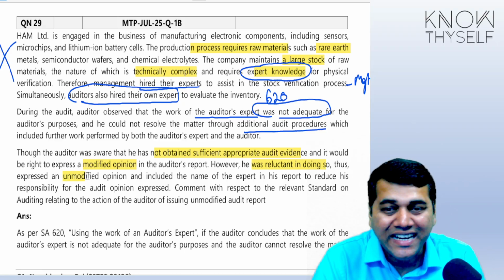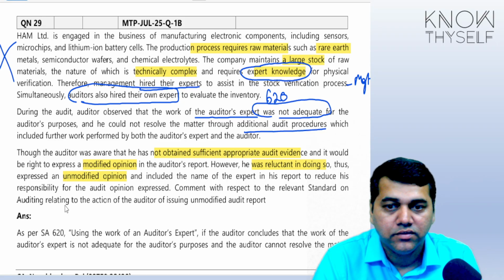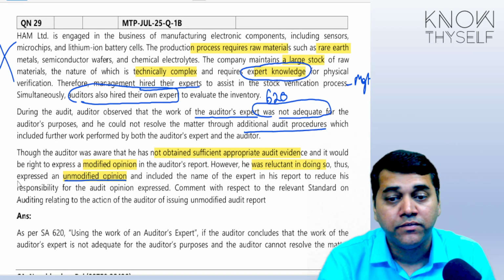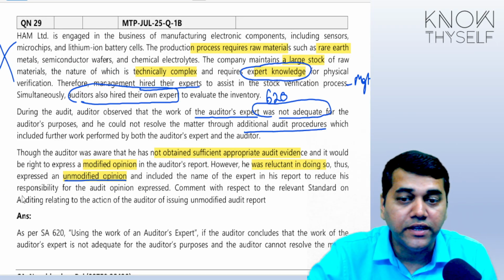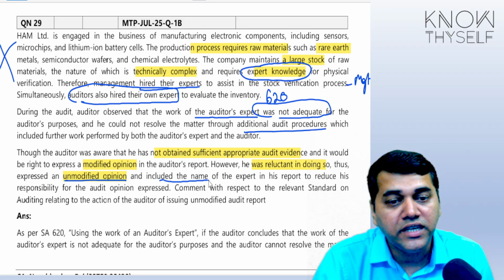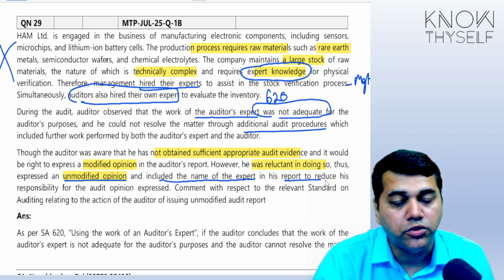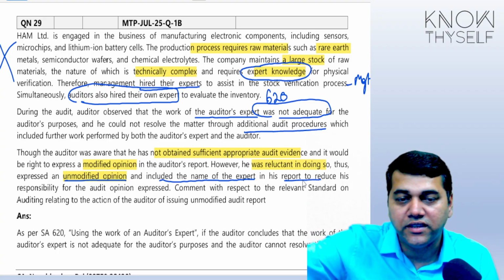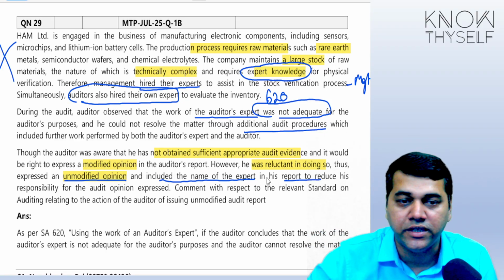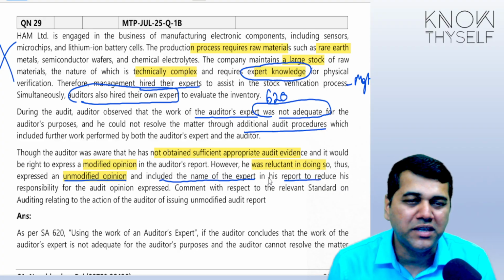He expressed a clean opinion, which is a blunder. Why? Because when he has not got any evidence, how on earth can he give a clean opinion? And he included the name of the expert in the report, telling readers to refer to his report, that the expert has said something adverse about this inventory, but he is giving an opinion. It makes no sense at all.